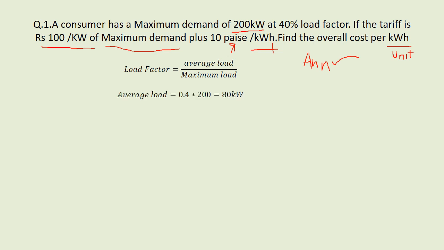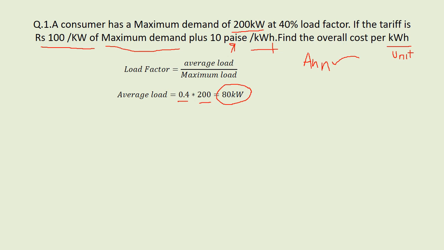Here 0.4 is your load factor and 200 kilowatt is your maximum load. So you get an average load of 80 kilowatt. Now we need to go for kilowatt hour.